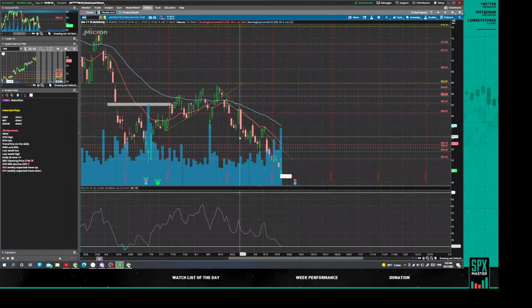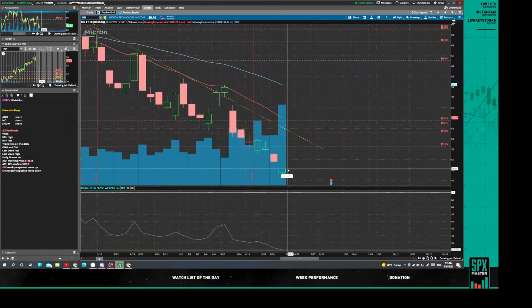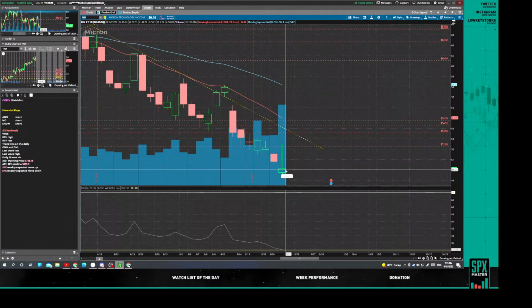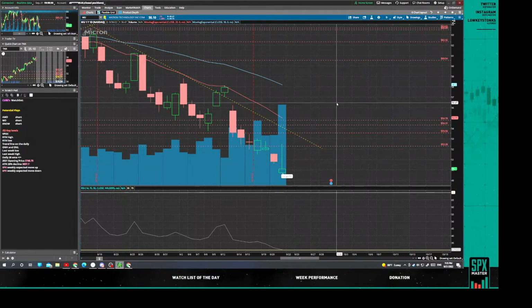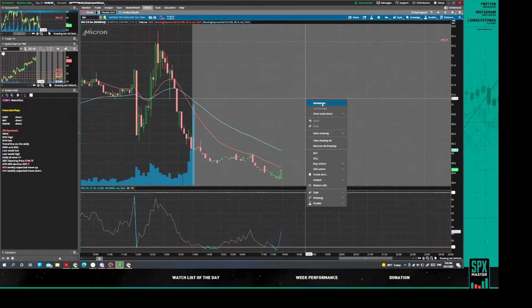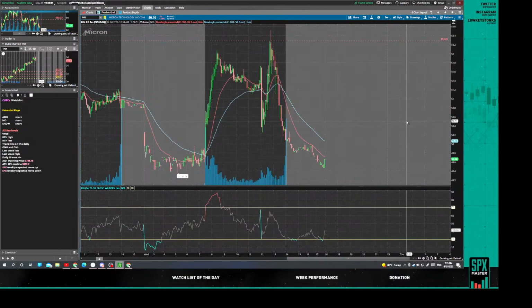Actually, how's MU looking? Ooh, super shooting star at the lows. This is actually a reversal candle. No, never mind. Yeah, at the lows. A shooting star at the lows is kind of like a reversal candle.